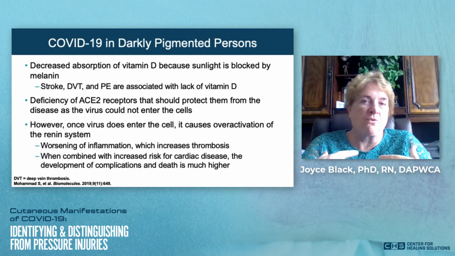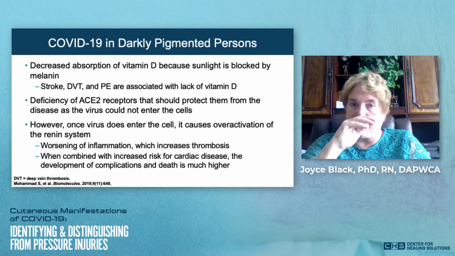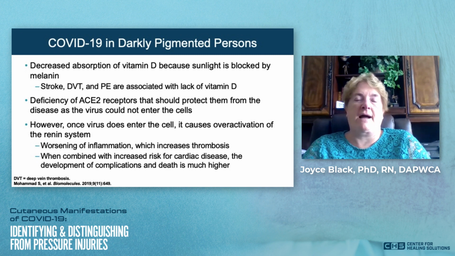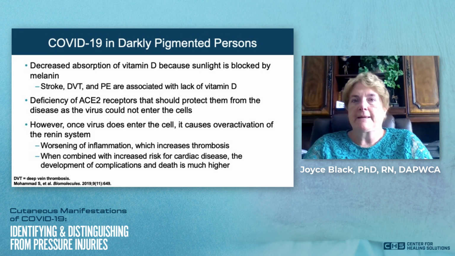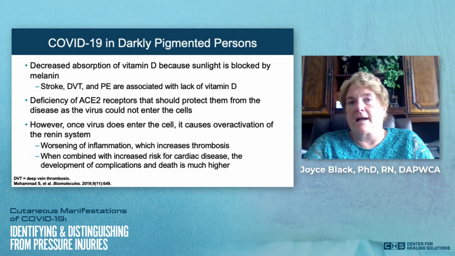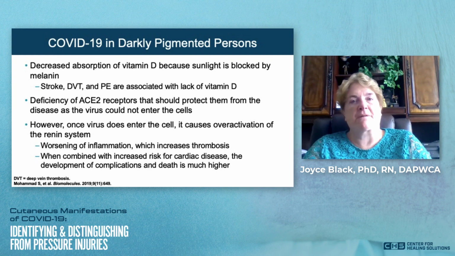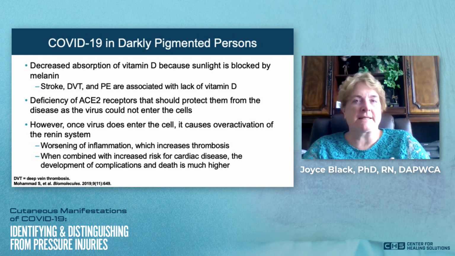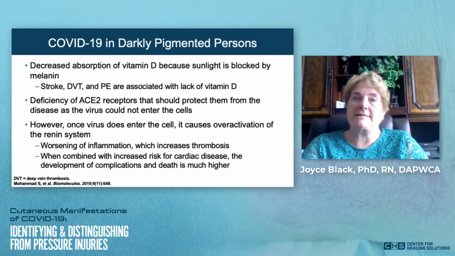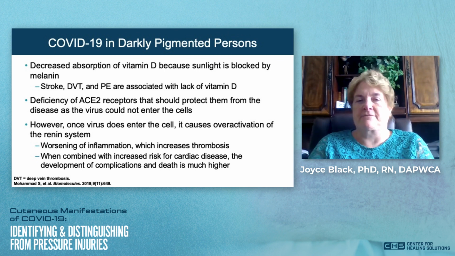In my part of the world, it's from October to April, when we don't have opportunities to really go outside. We in the Midwest see the highest rate of stroke and PE in the wintertime in darkly pigmented patients because they can't get natural vitamin D. Vitamin D has a natural anticoagulant effect. And so when you can't make vitamin D through sunlight, you have an increased risk of clotting.